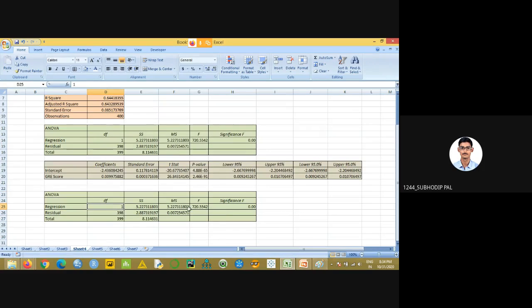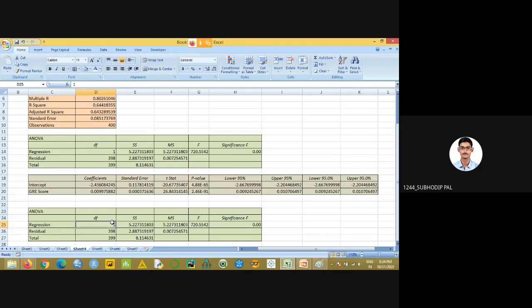So that is a perfect thing you have asked me. So this is the k value. This one is k. This one is n minus k minus 1. This is n minus k minus 1.